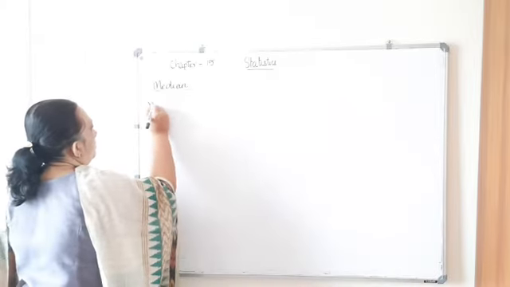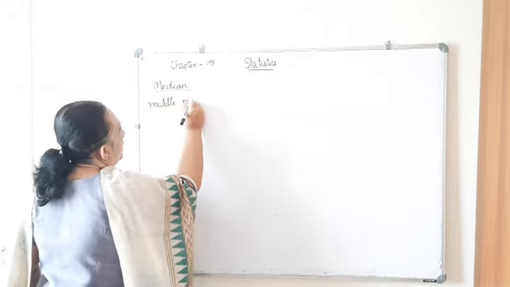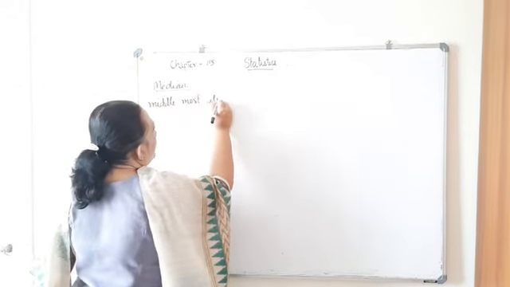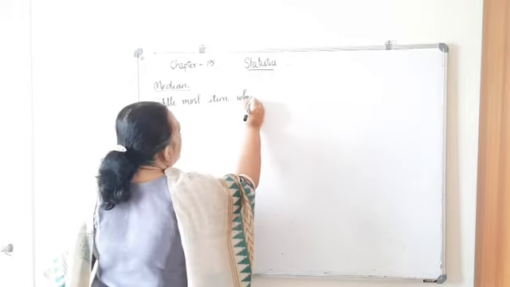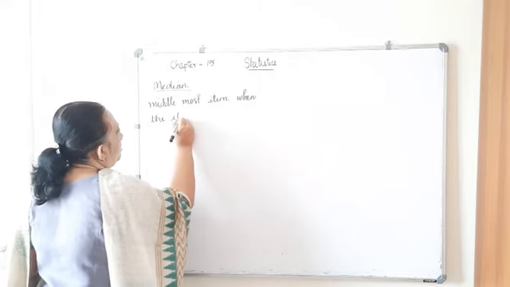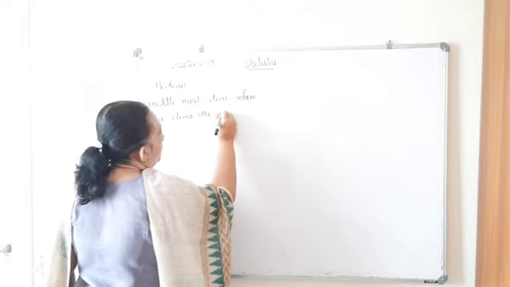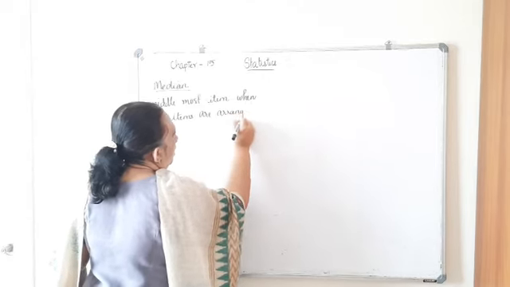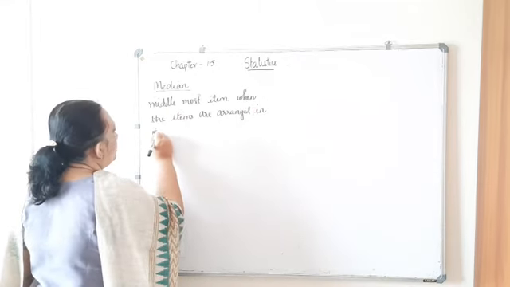So, median is the middlemost item provided the items are arranged in order of magnitude.